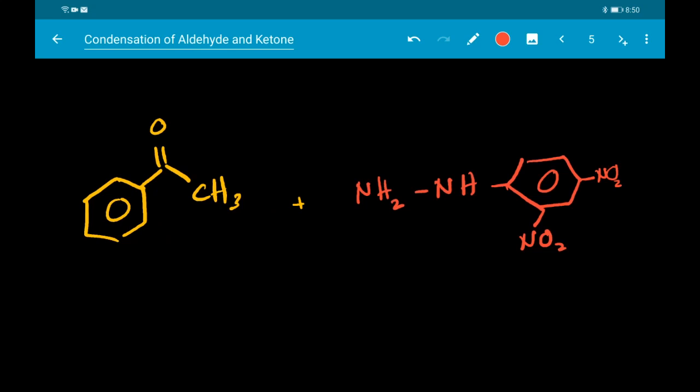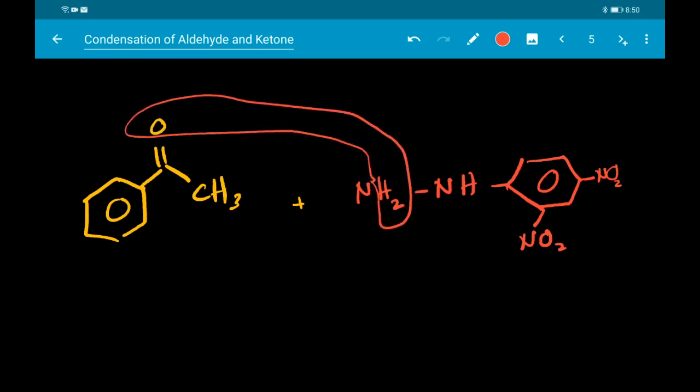Finally, we're going to take a look at the reaction between a carbonyl compound with 2,4-DNPH. The usage of 2,4-DNPH is also known as the Brady's test reagent. For instance, if we have acetophenone as our reactant, we're going to react it with 2,4-DNPH. We're going to perform the same process whereby the H2 will react with the oxygen to produce water molecules.